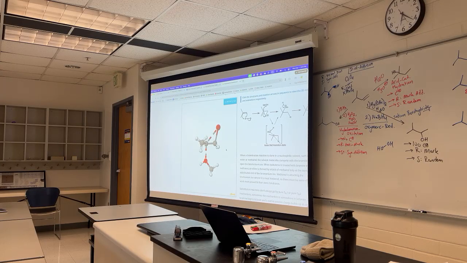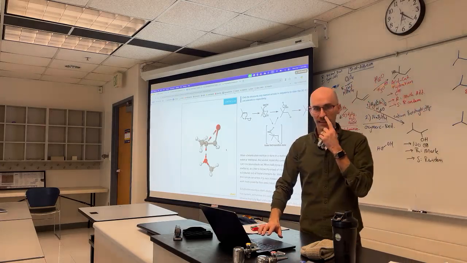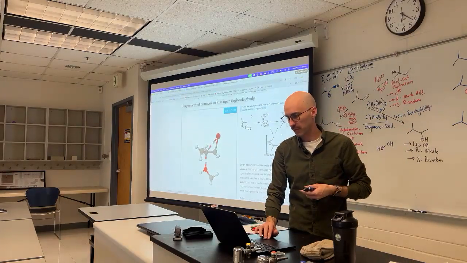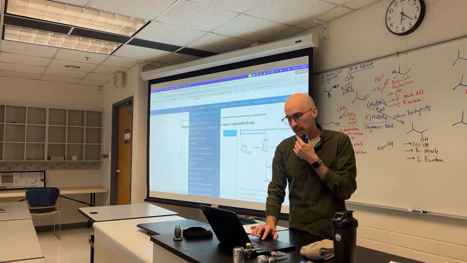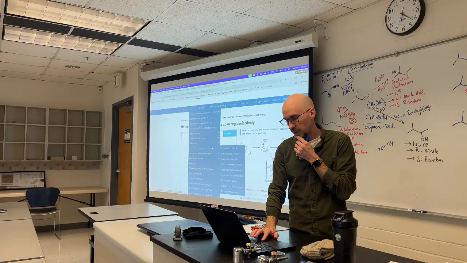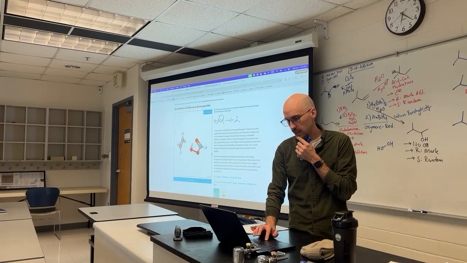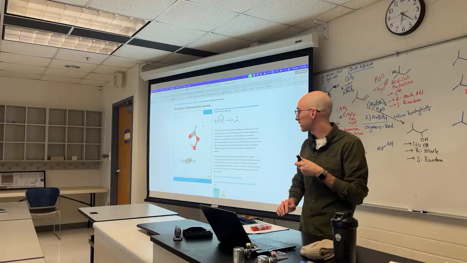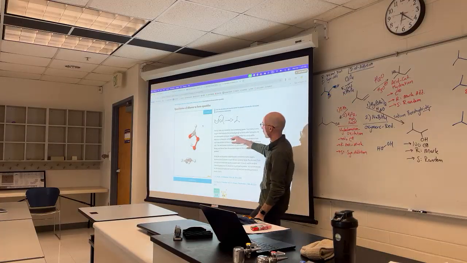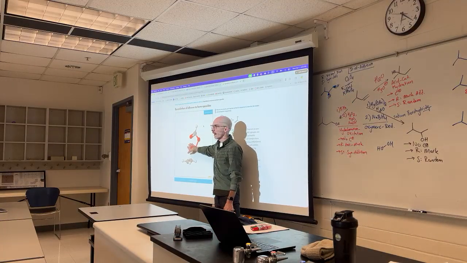This has such a cool mechanism. In fact, we can see it. Oh, I just realized the camera is facing the wrong way for the board. We can see it on here, electrophilic addition to alkenes, epoxidation with peroxide. You see the epoxy acid, carbonyl OOH.